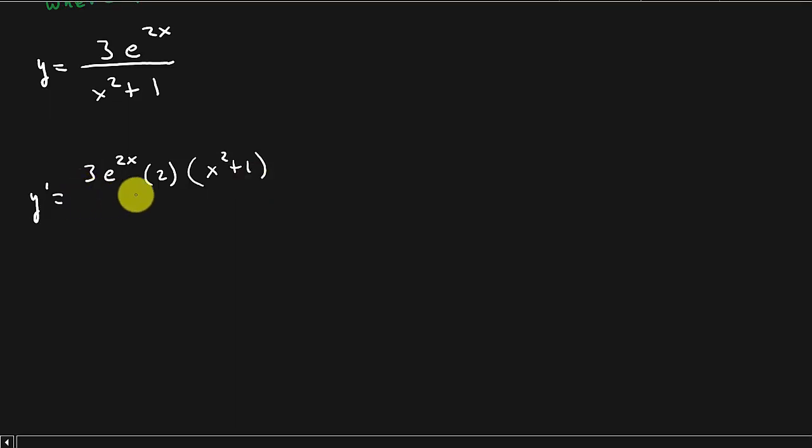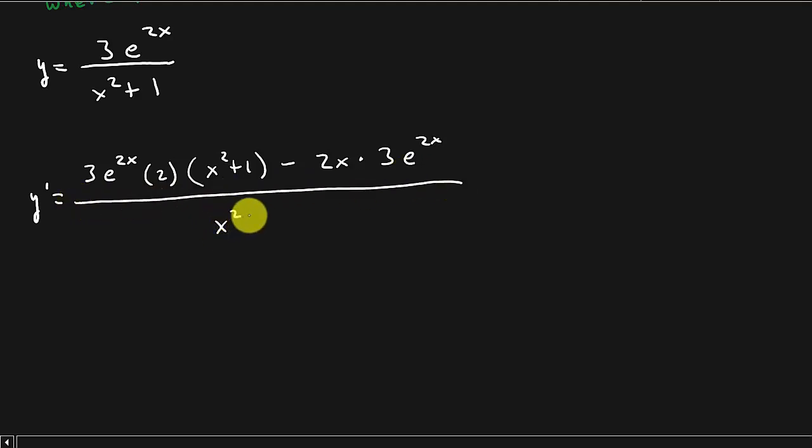Okay, so this right here is the derivative of the numerator times the denominator, minus the derivative of the denominator, so the derivative of x squared plus 1 is 2x, times the numerator, 3e to the 2x, over the denominator squared.